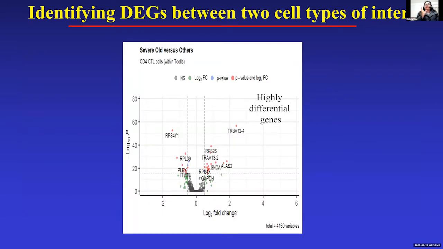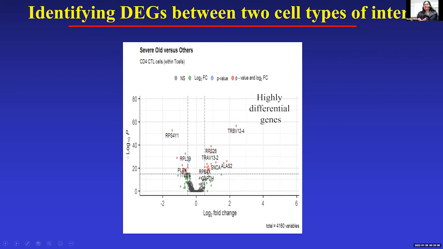So once the annotation is done, we can go on to find the differentially expressed genes. So how do we find the differentially expressed genes between two cell types of interest? We can either do it based on the samples that we have, for example, severe old versus everything else that we have. Maybe we have mild old, we have mild adult.